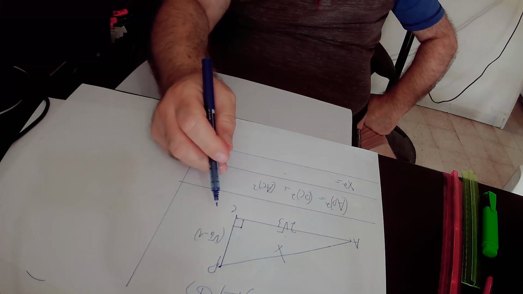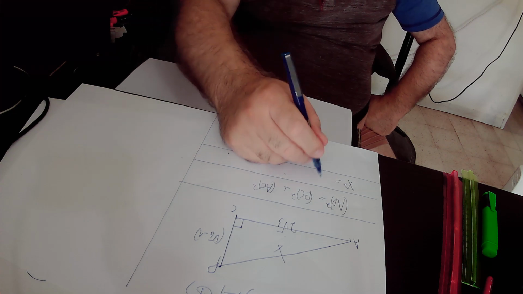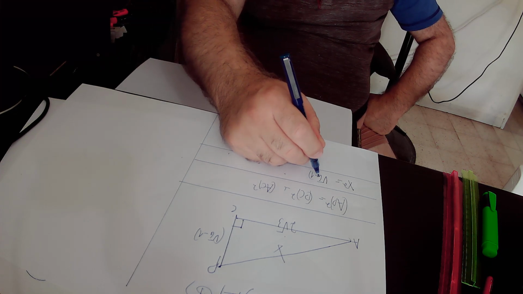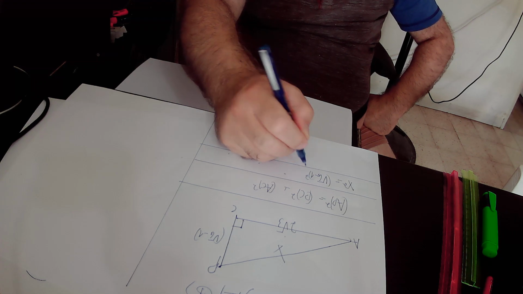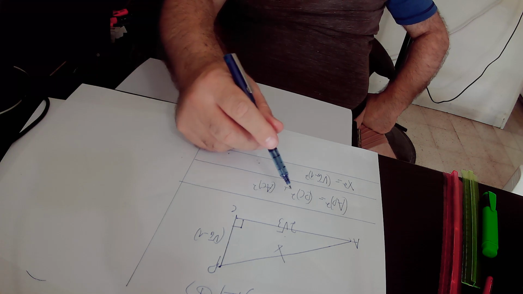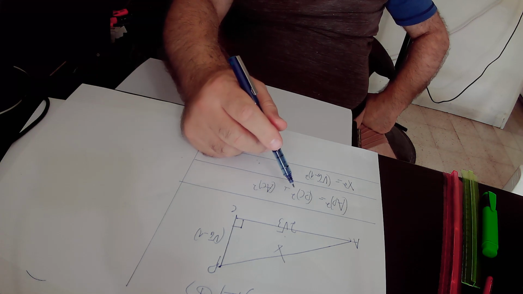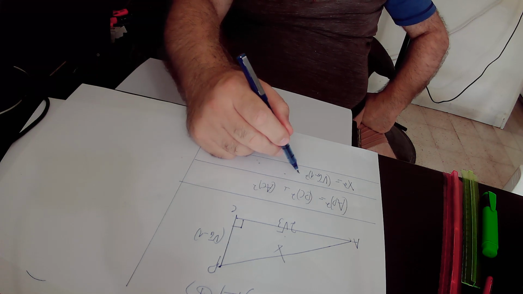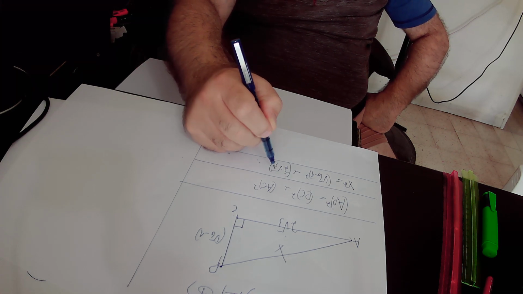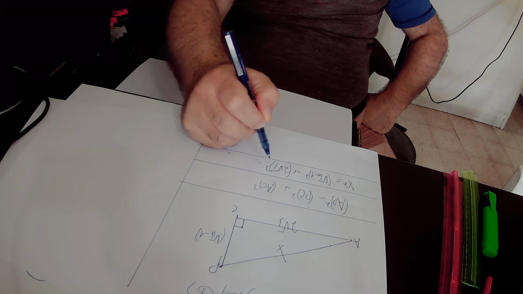PC equals square root of 6 minus 1, therefore PC squared is square root of 6 minus 1, squared, plus AC squared. AC equals 2 times square root of 3, therefore AC squared is 2 times square root of 3, squared.